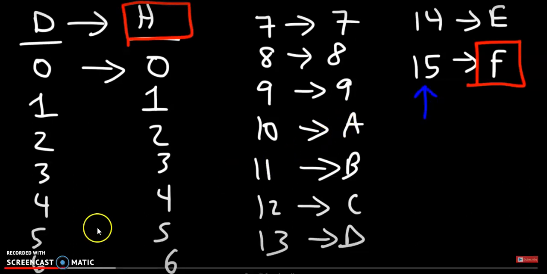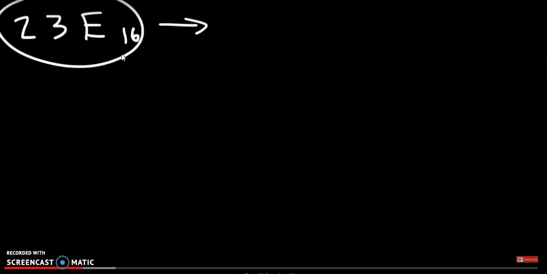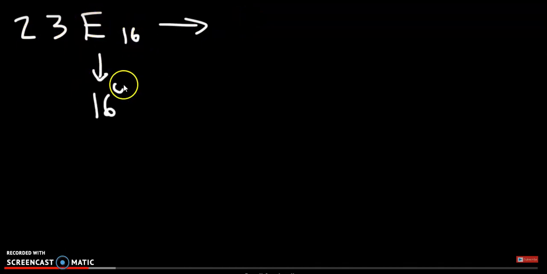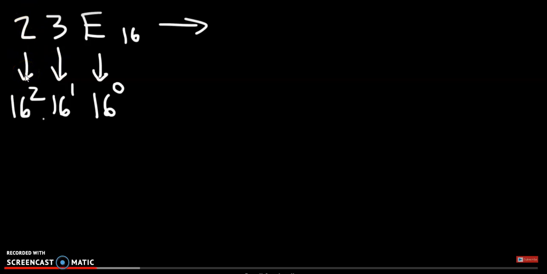So now, for example, we are converting 23E base 16 into base 10. So 23E is base 16. 16 power 0, it is the 0th position: 16 power 0 into E, and 16 power 1 into 3, and also 16 power 2.